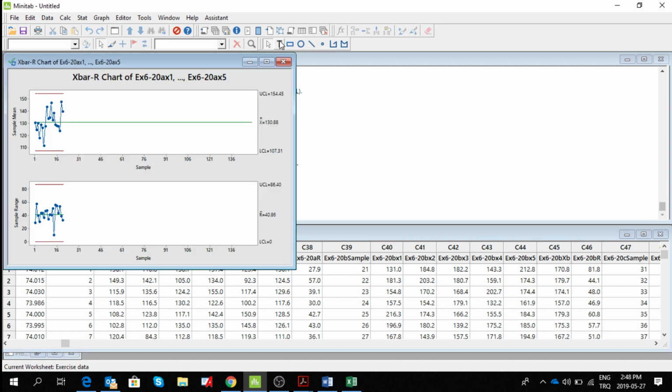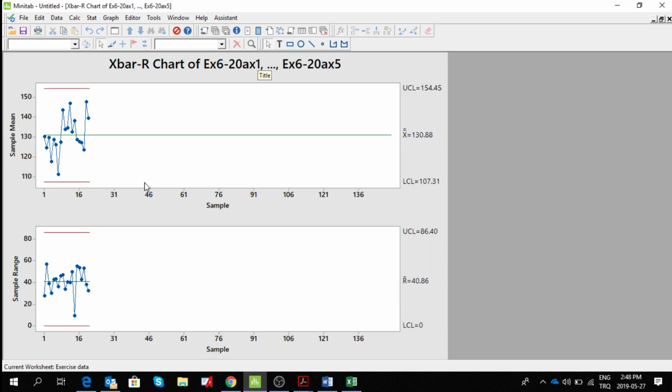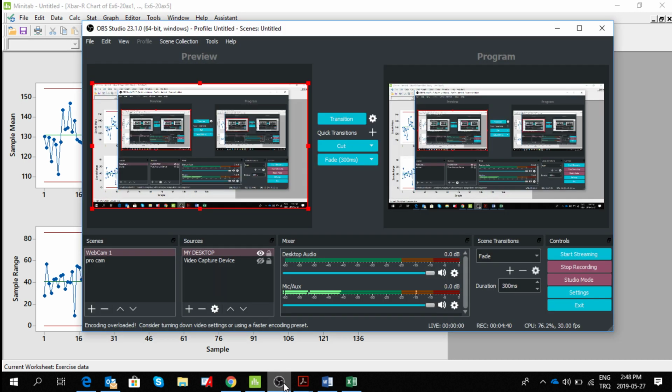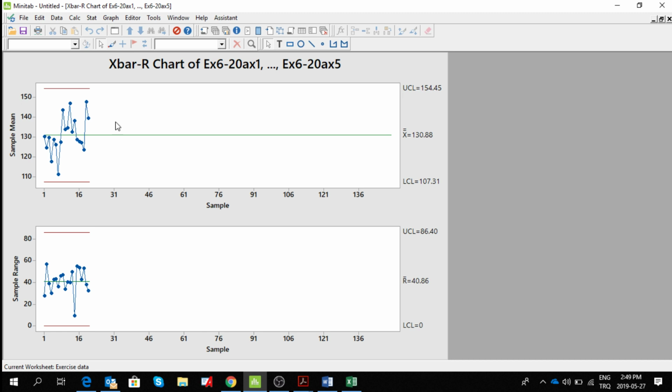Yeah, I get this R chart. I'm going to make it a little bit bigger for you. You see the samples from 1 to 20 here. This is the sample mean chart, the X bar chart, with upper control limit, lower control limit, and the mean X bar.